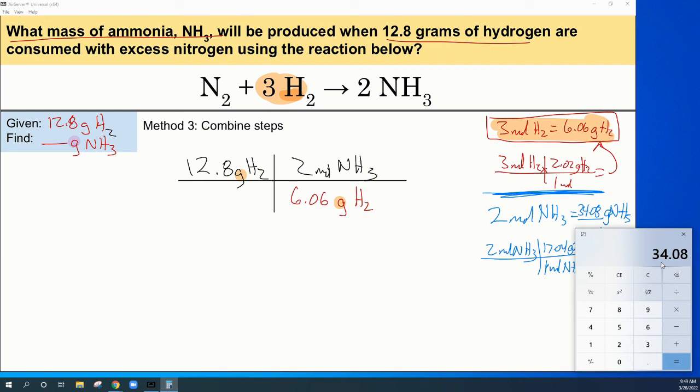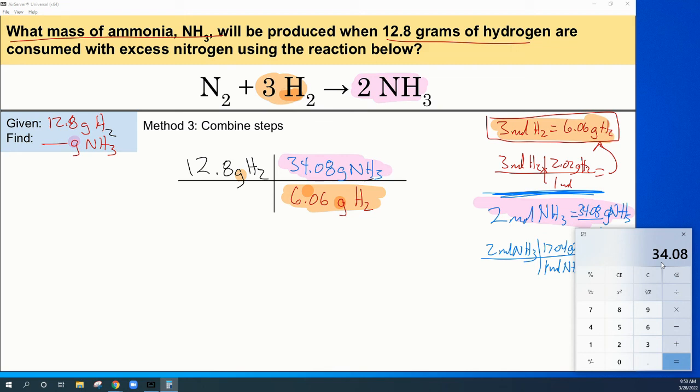So this then becomes 34.08 grams of ammonia, which is the same thing as 2 moles of ammonia. Just like this was the same thing as 3 moles of hydrogen.